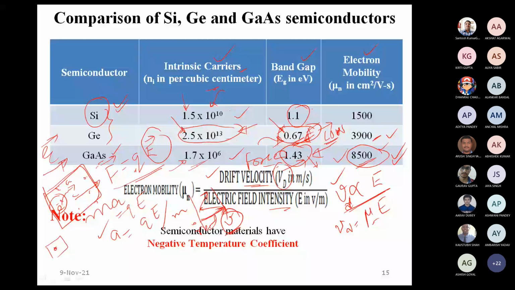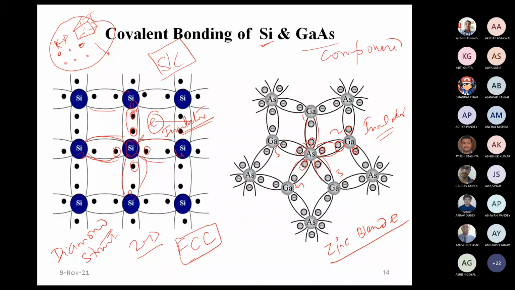We can come back here and see that something called packing density is also there, and the size of the atoms, say here gallium or arsenic. So the size of the atoms also matters here. Arsenic is a little bigger atom compared to gallium, but gallium is more in number, as we can see.